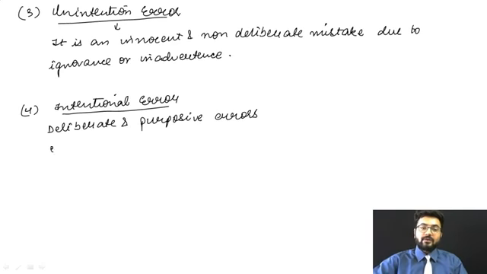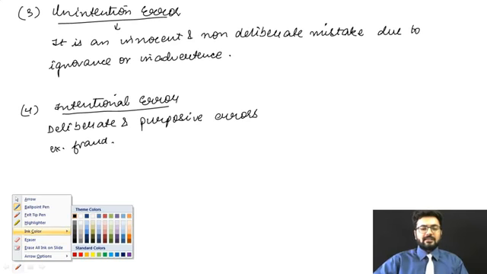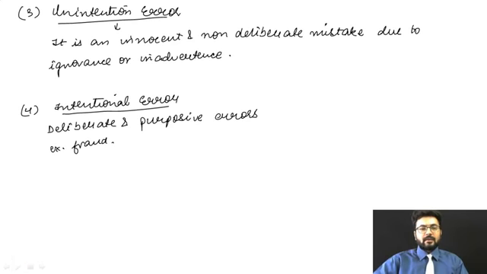Example is fraud. You will come to know about it as fraudulent financial reporting. We are going to discuss the same topic, but only briefly. So the error which took place intentionally is intentional error, otherwise it's unintentional error. Got it? Should I go ahead?